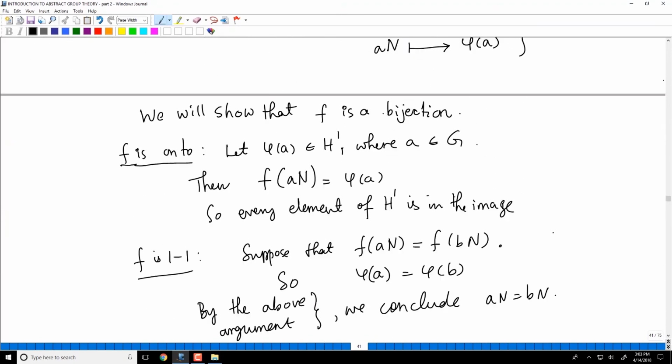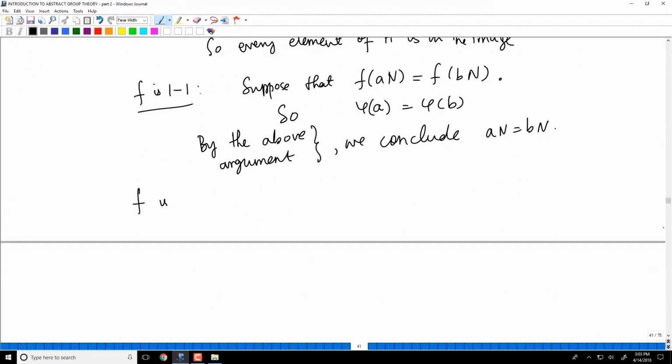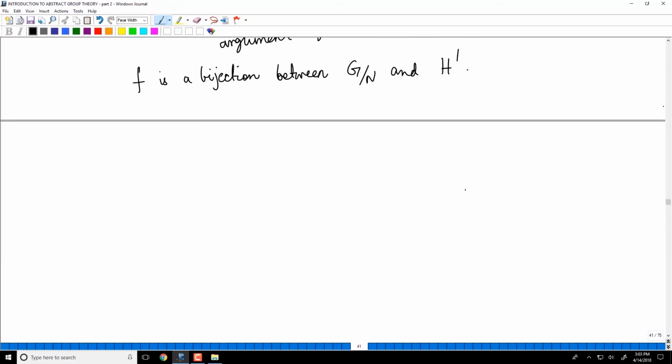So f is a bijection between G mod N and H prime. If you have a bijection between two sets, the two sets must have the same number of elements. The number of elements in G mod N is equal to the number of elements of H prime, which we denote by order of H prime.